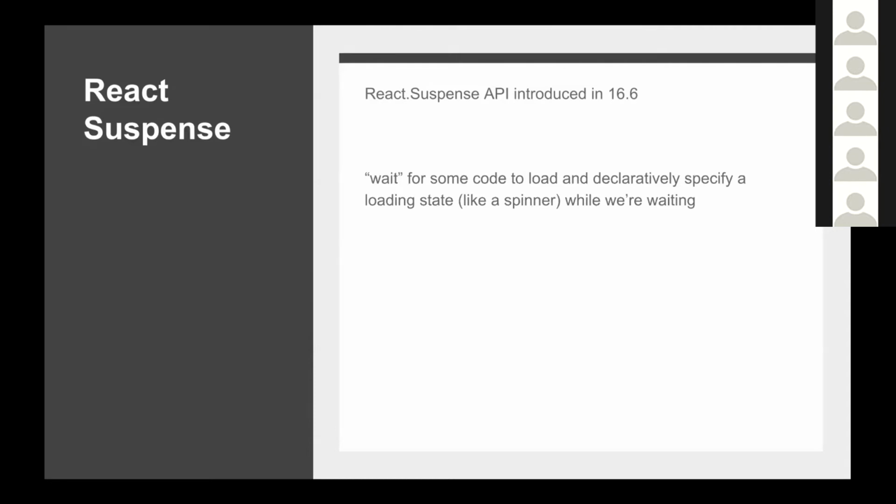The suspense boundary takes a prop, that is your fallback, and anything inside it is what it's waiting for. This opens up a whole new way of writing our UI, where we can go over this render-as-you-fetch paradigm. I'll go into that a little bit more in comparison to some other things that we might be more used to.